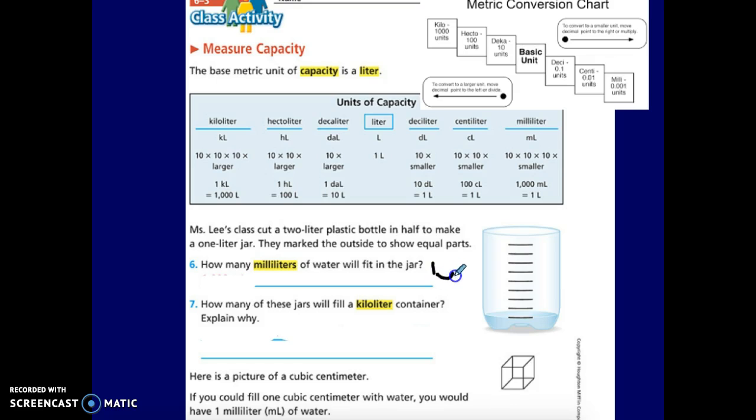I'm going to go 1, 2, 3, add those all as zeros. So we can say that there are 1,000 milliliters in 1 liter jar.